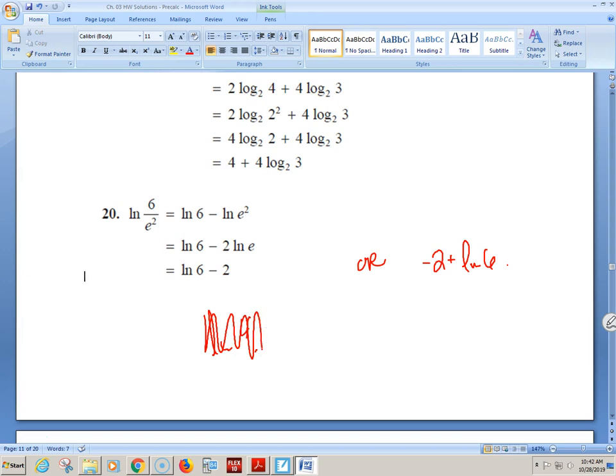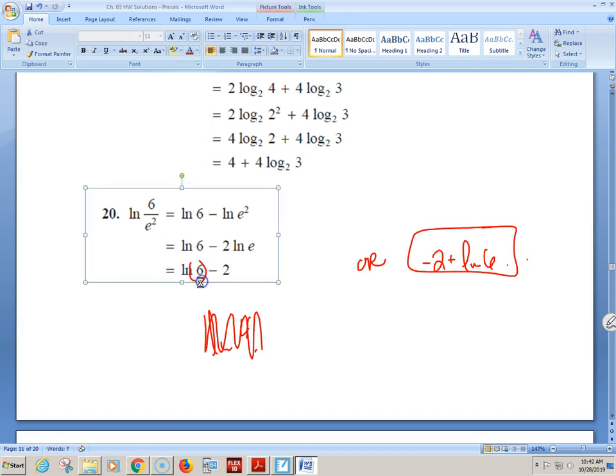PEMDAS would say it's ln of what? According to the statement, even though it's written weird, and I like this one way better, it's way less confusing. This isn't wrong. Is it ln times or ln of? ln of. And who is it of? If you're in both parentheses written, it's what's immediately following it. Yeah. What's immediately following it is ln of 6.